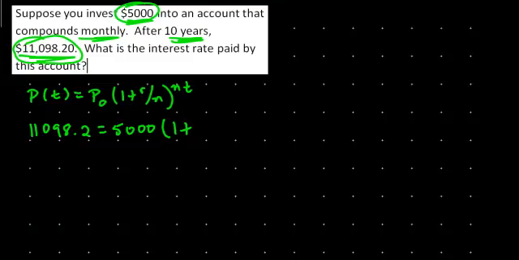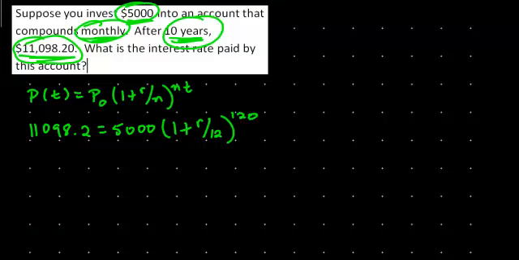Oh, we don't know what R is. So R over N. N is the number of compounding periods per year, monthly, so that's going to be 12. Raised to the NT. N is 12, and T is 10 years, so that's going to be 120 up there.